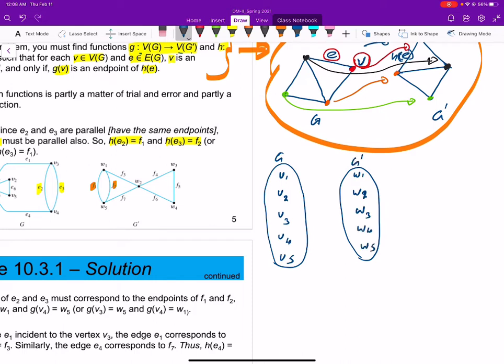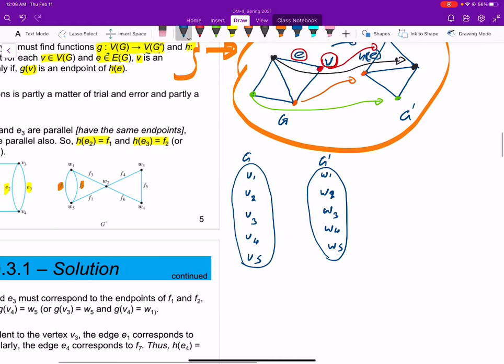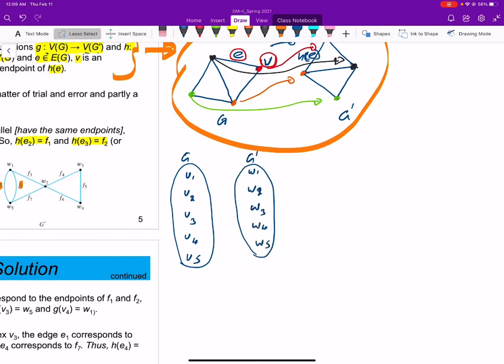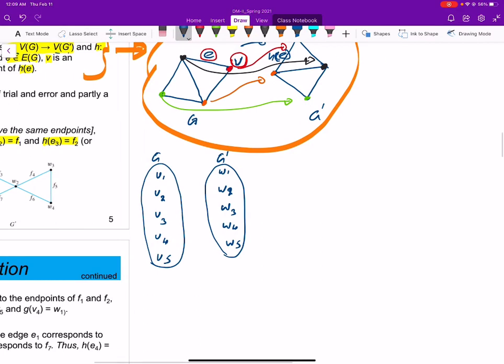That is G prime. So these are the vertices, and in the same way, make sets for edges.